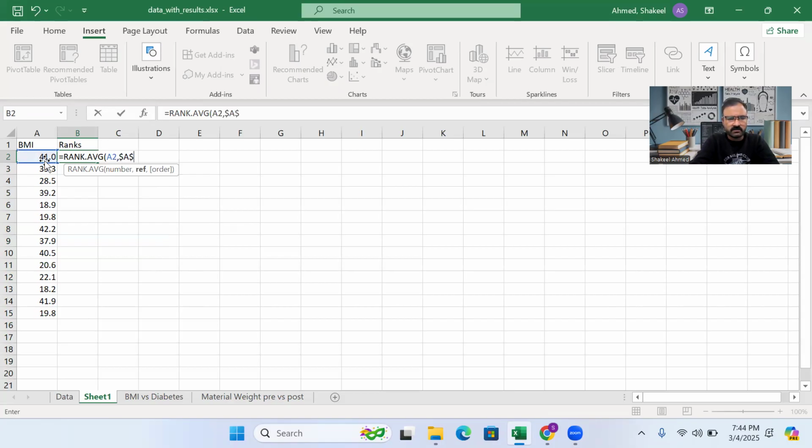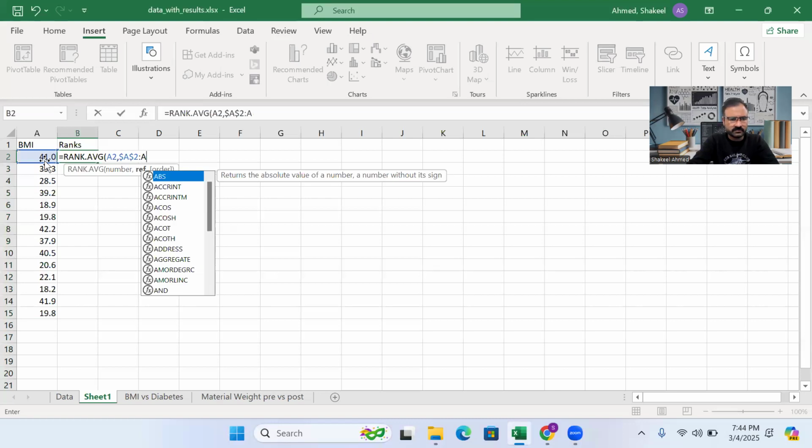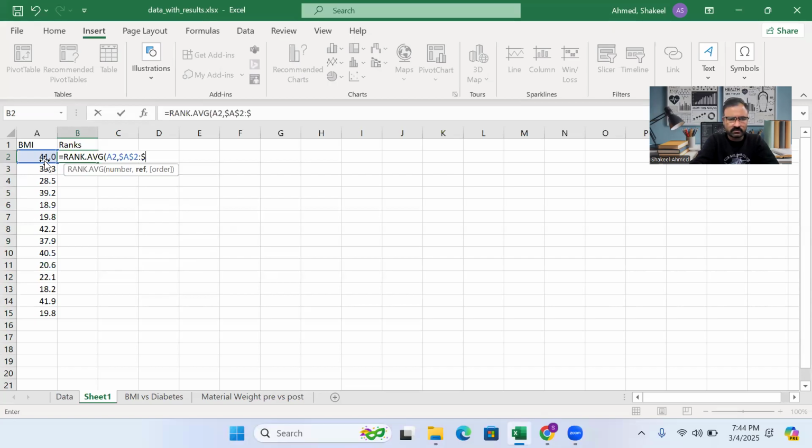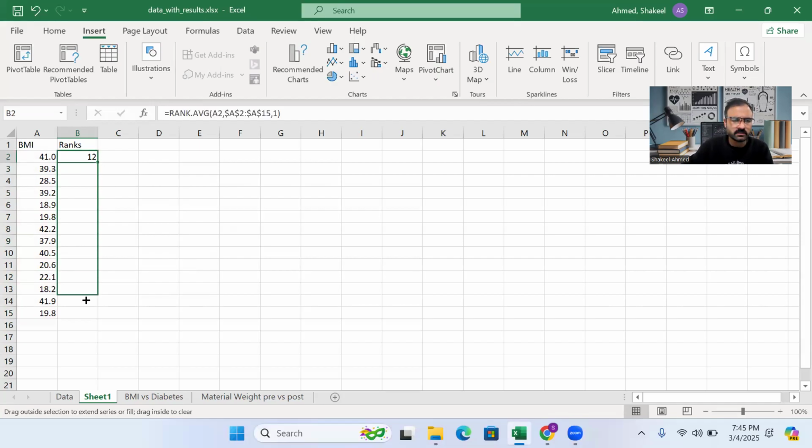Otherwise, it will vary when you drag to the next value. We have 14 observations. So here you again need to put the $ sign and $15. And the order is ascending, so you need to put 1 and just enter. So this is the rank for the first observation, and these are the ranks.